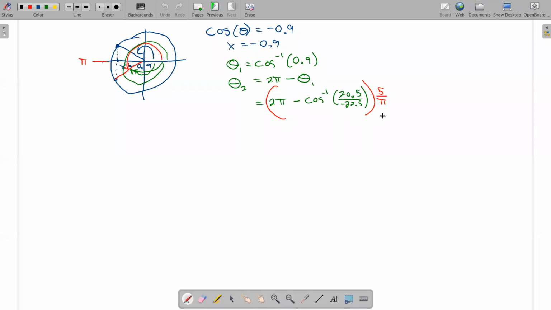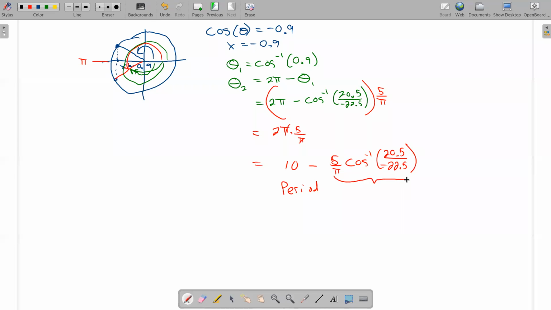Another way to think about it, if you multiply that 5 over pi through, 2 pi times 5 over pi, the pi's are going to divide out, and that's going to give me a 10, which was the period, minus 5 over pi times that cosine inverse of 20.5 over negative 22.5.